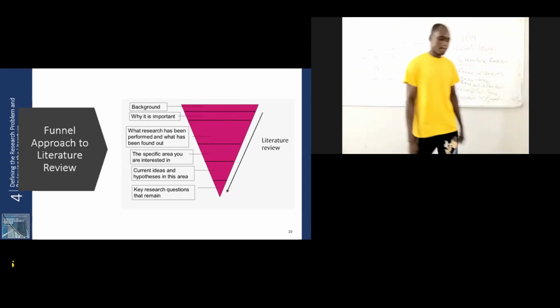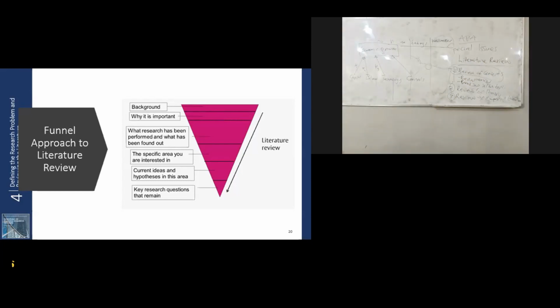When you have done that, then you are narrowing it down to your specific area of research, directly addressing the geographical focus that you are dealing with. And then we look at current ideas and hypotheses in this area, more recent ones.